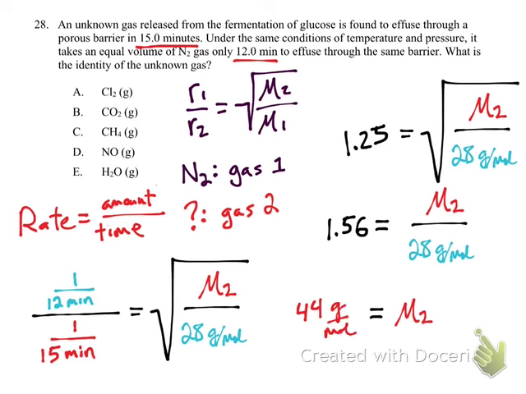So then we see which of these mystery gases it corresponds to, and it turns out that the product of fermentation of glucose here is carbon dioxide. So if you're a biology person, you might have been able to get that problem without doing the math, but we did the math. So, moving onward.